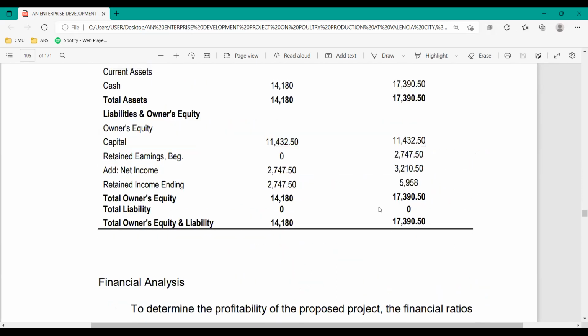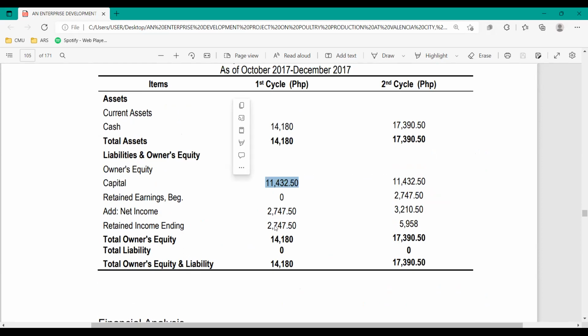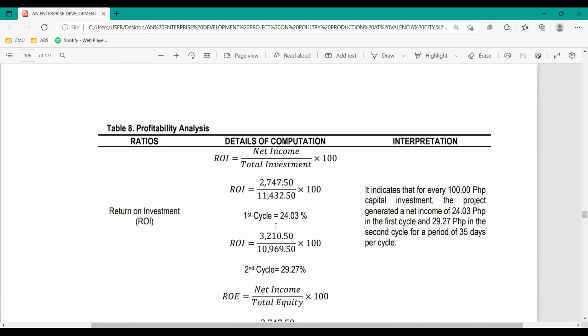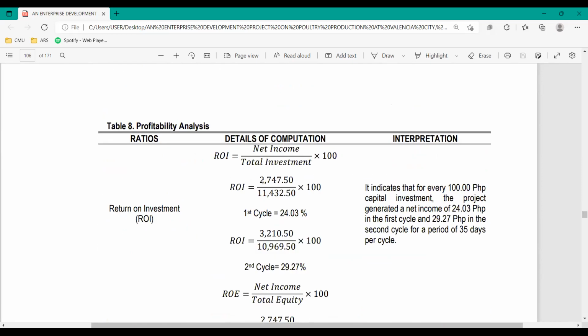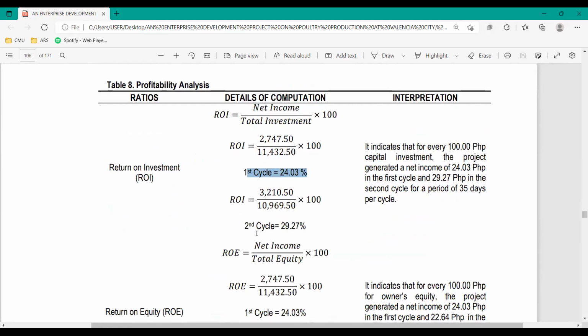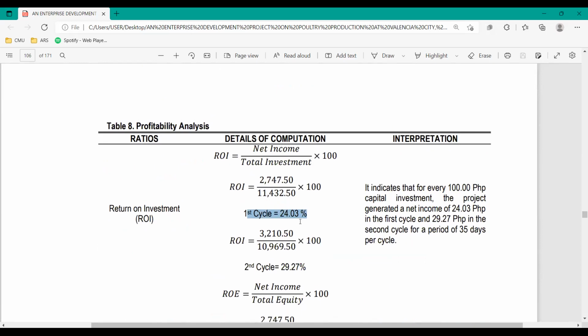So my ROI is 11,432.50. I hope that's clear to you. So I have it here. In my first cycle, I have an ROI of 24.03%. That's the small gain in ROI based on my first cycle.